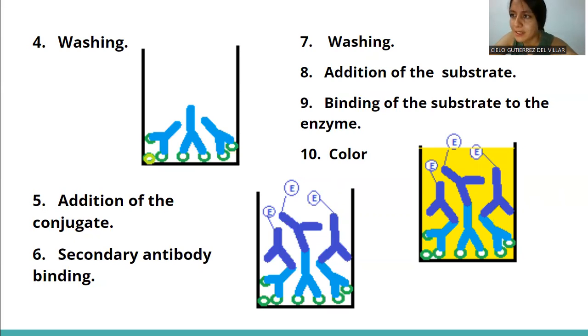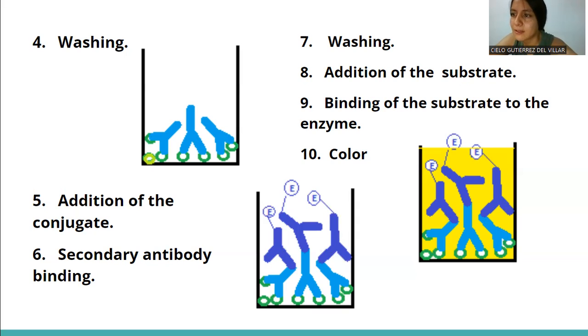Conjugate addition is performed. The conjugate is the enzyme-labeled secondary antibody. And here is the binding of the secondary antibody to the primary antibody. A second wash of the well is then performed, but this time to remove unbound enzyme.